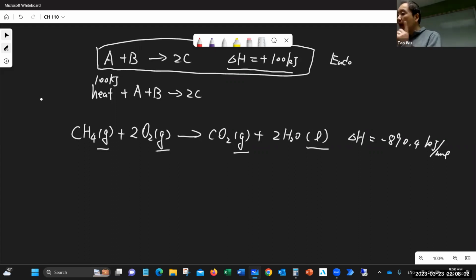So what is the meaning of this enthalpy here?